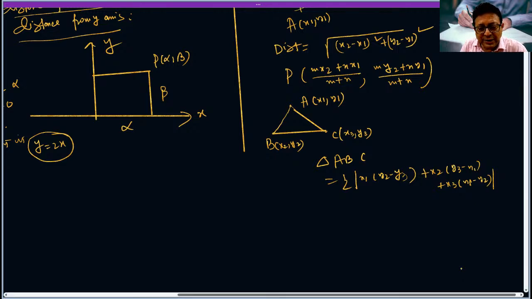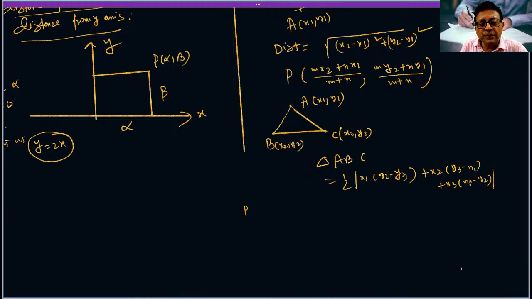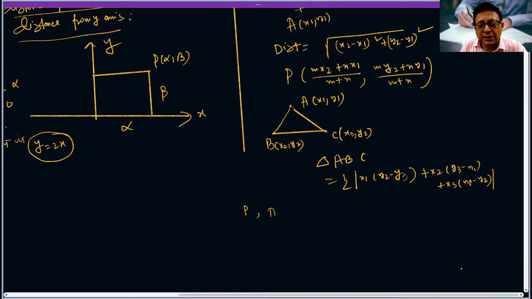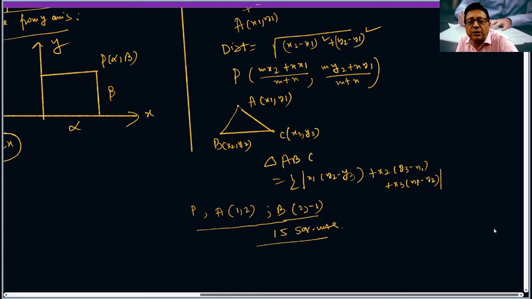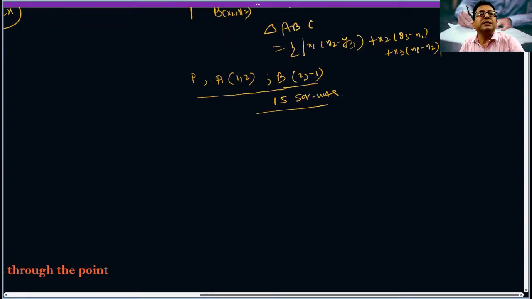Find the locus of point P such that the area of the triangle formed by it with these 2 points is always equal to 15 square units, and state what kind of curve the locus will represent.